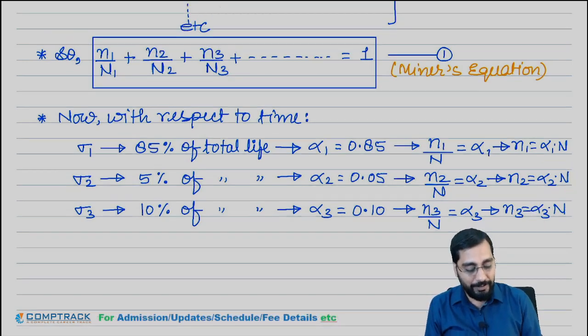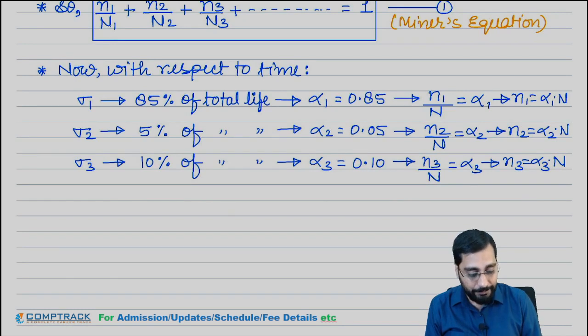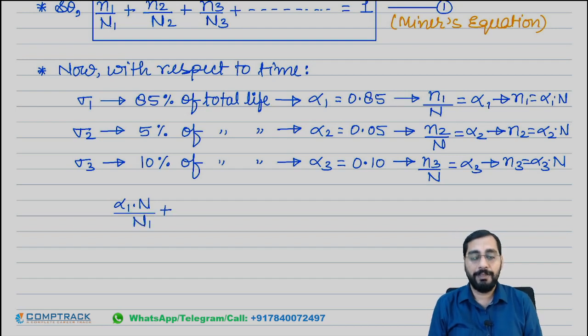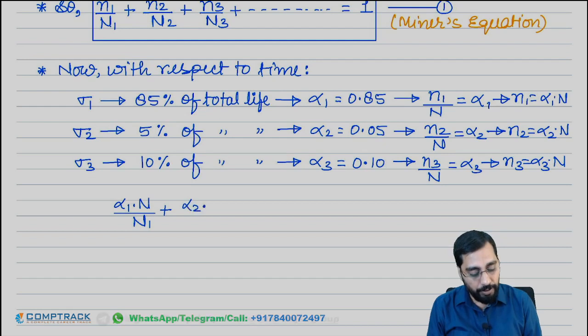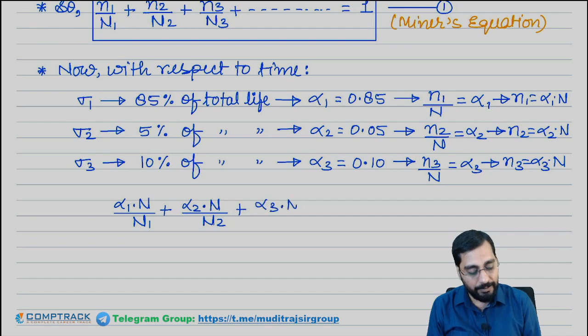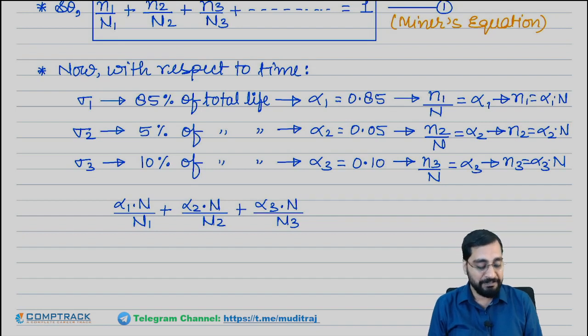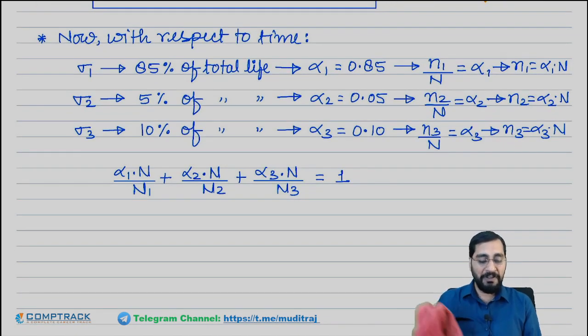So put these values, and you will get alpha 1 into N divided by capital N1 plus alpha 2 into N divided by capital N2 plus alpha 3 into N divided by capital N3, like this. So this will be equal to 1.